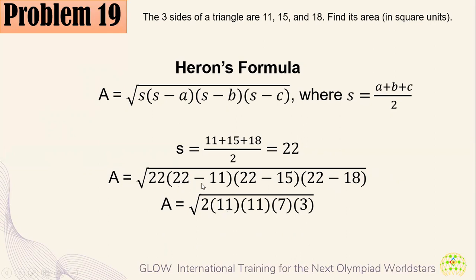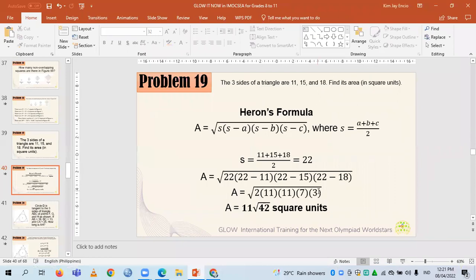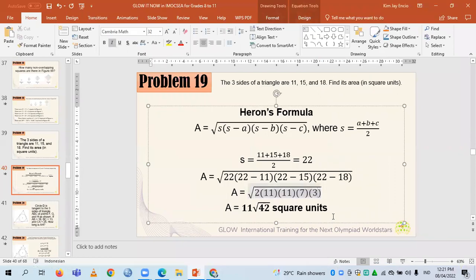For 22 minus 11 here, that's 11. 22 minus 15 is 7. And 22 minus 18 in this case is what? Is 4, right? 22 minus 18 is 4.